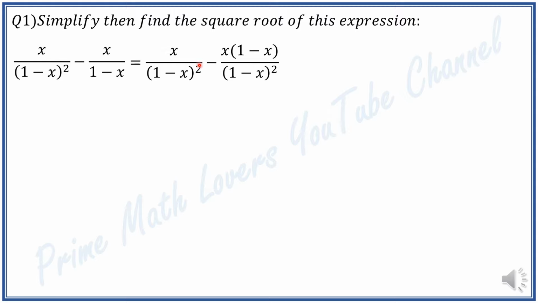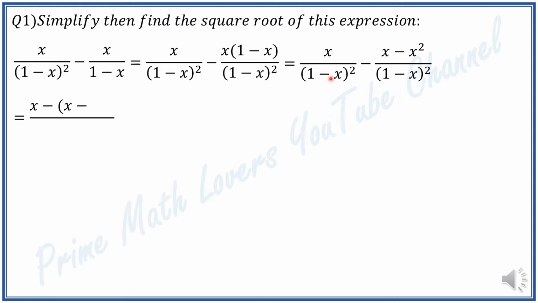resulting in x over 1 minus x squared, minus x times 1 minus x over 1 minus x squared. Then we simplify. Distribute x into the parentheses, so I will have x over 1 minus x squared minus x squared over 1 minus x squared.